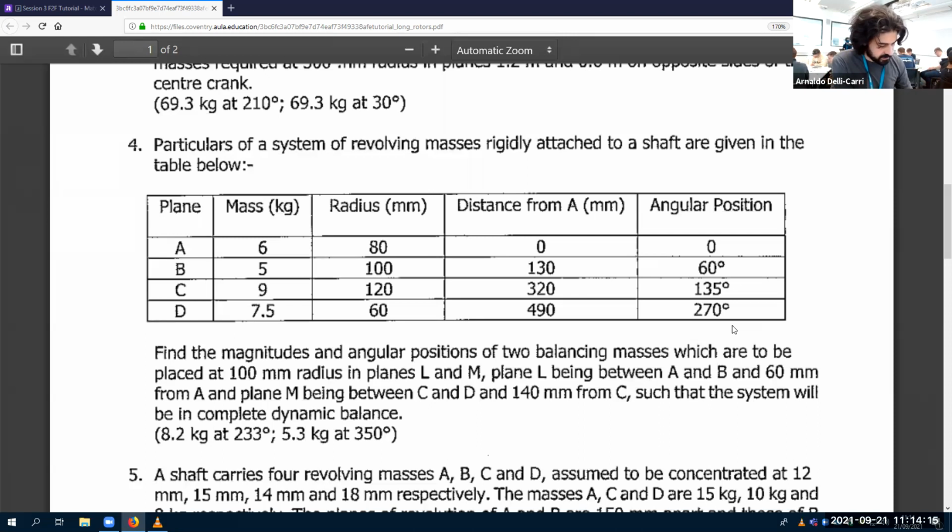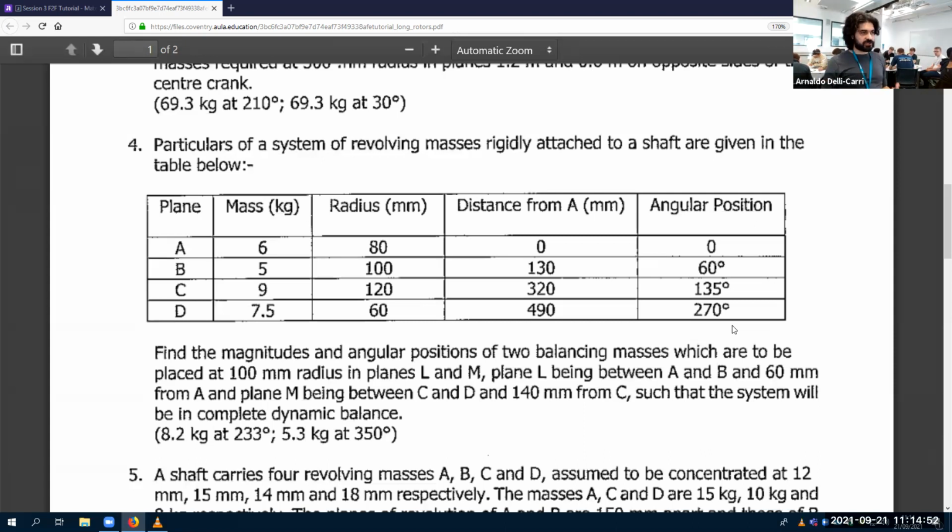And then we have mass C, which is 9 kilograms at 120 millimeters and 320 millimeters distance from A and 135 degrees again from A. And finally, D is 7.5 kilograms unbalanced on 60 millimeters radius and 490 millimeters from A and 270 degrees from A as well.